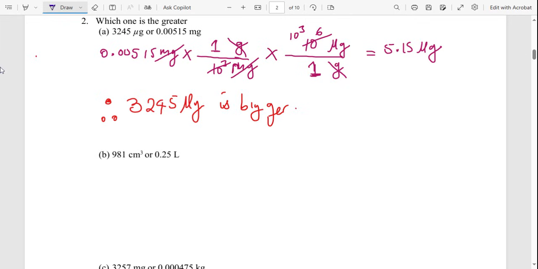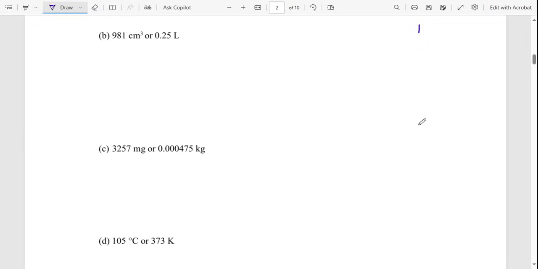What I want you to know is this. We are going to have a reference unit. I'm going to put a 1 here. On top, we are going to be moving in positives: 10 to the power 1, 10 to the power 2, and then we start moving in multiples of 3: 10 to the power 3, 10 to the power 6, 10 to the power 9.